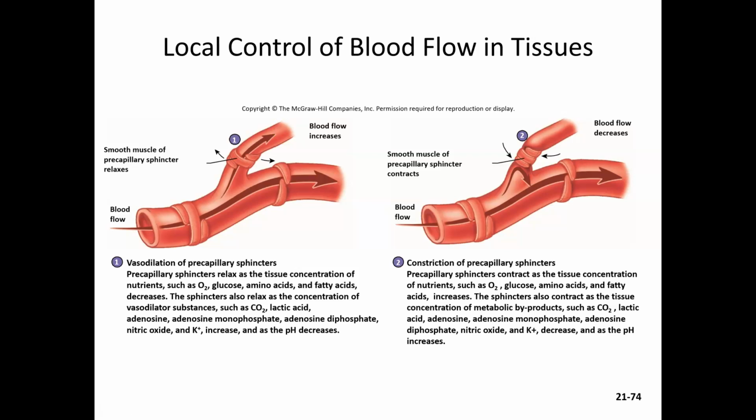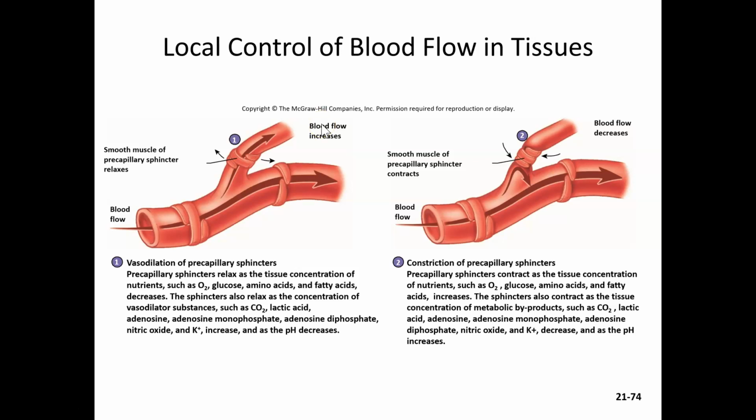Other things that will cause the precapillary sphincters to relax are increases in concentration of vasodilator substances such as carbon dioxide, lactic acid, adenosine, adenosine monophosphate, adenosine diphosphate, nitric oxide, and potassium. And this is as the pH decreases.